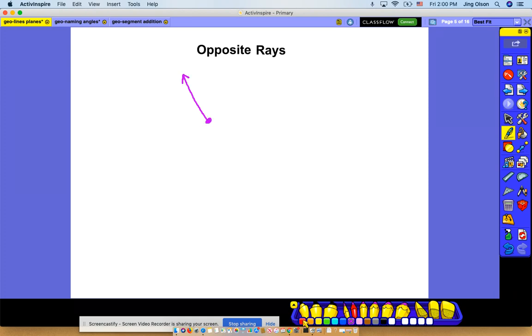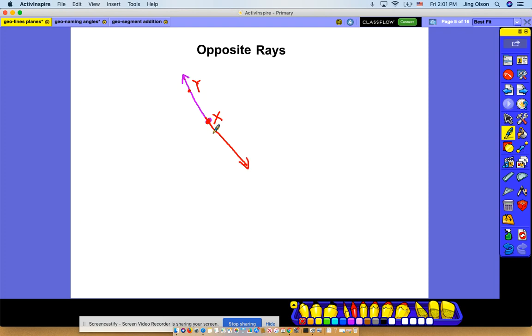Opposite rays have the same endpoint. So this purple ray has the endpoint, let's say we call this one X. It goes to Y, right? So this ray is ray XY. So the opposite ray is gonna have the same endpoint, but go the absolutely opposite direction, which will be this way.